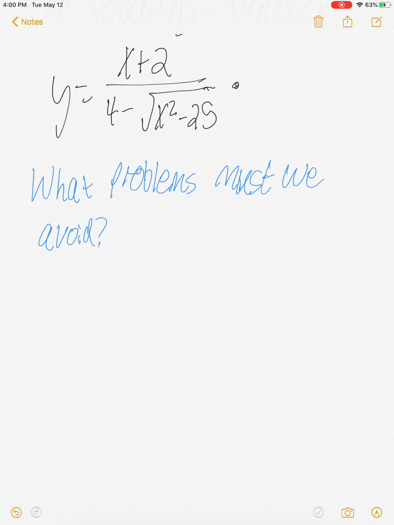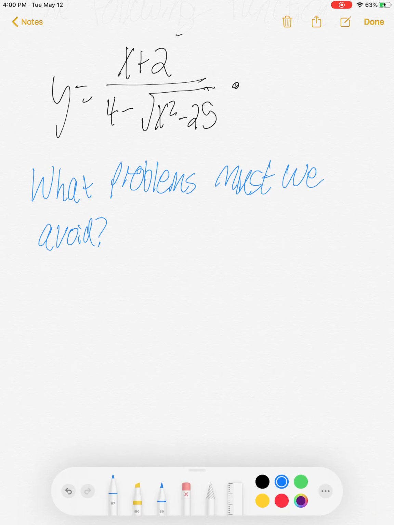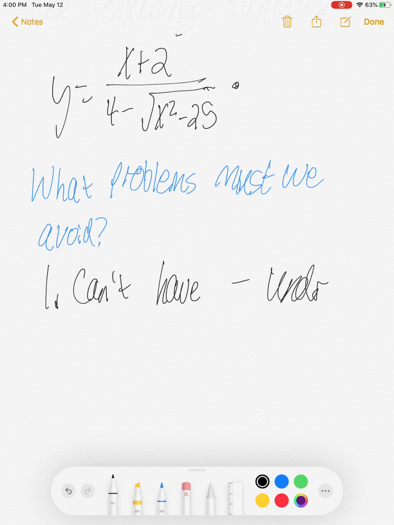So first, I can't have negatives under a square root, right?